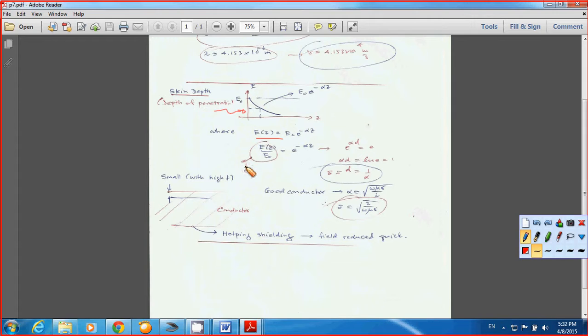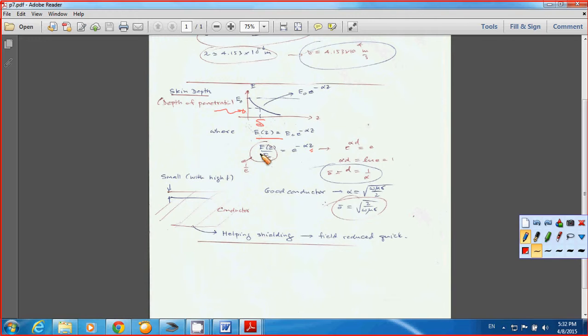And if the ratio drops by a factor of e, you can calculate z, or the location or the depth into the material.